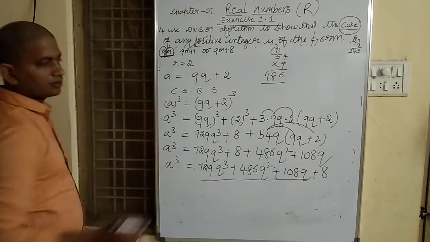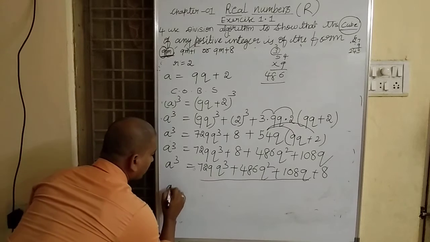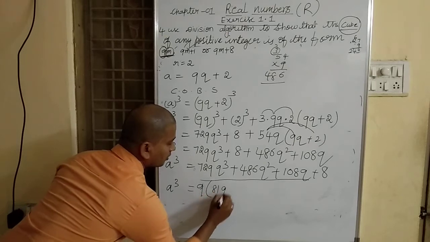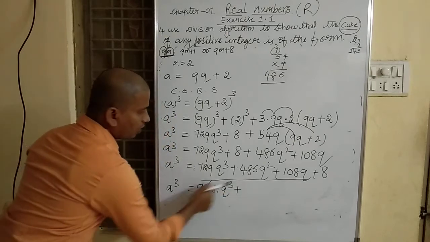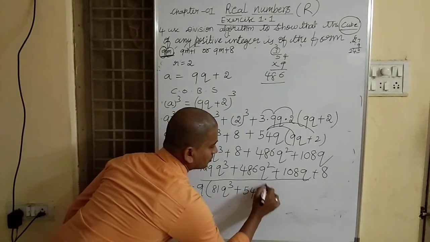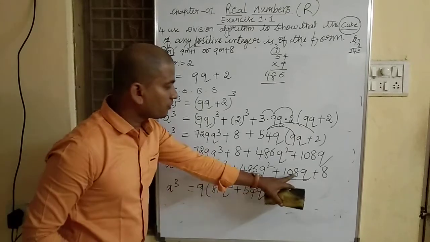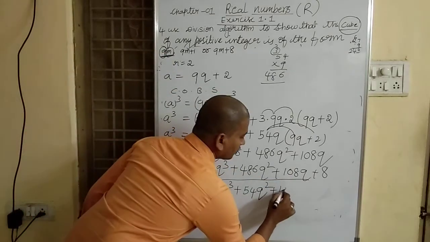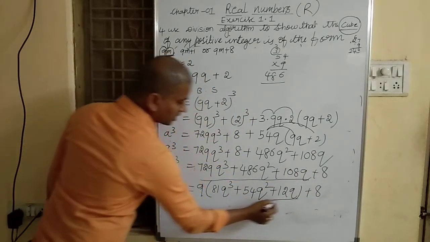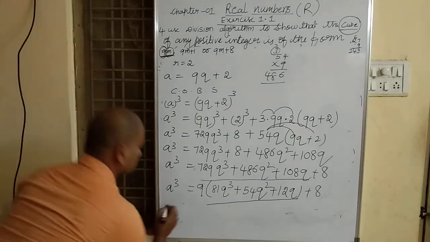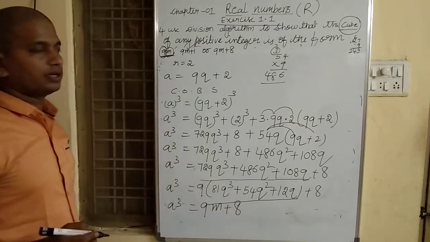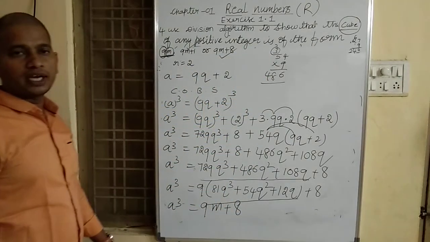Now among these three terms, I can take 9 as common. 9 times 81. 9 times how much is 486? 9 times 54. 9 times how much is 108? 9 times 12, plus 8. Okay, let me consider this as m. So a cube equal to 9m plus 8. You can see here we got 9m plus 8.